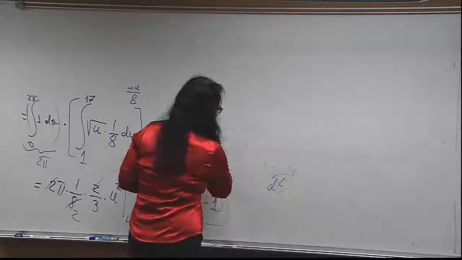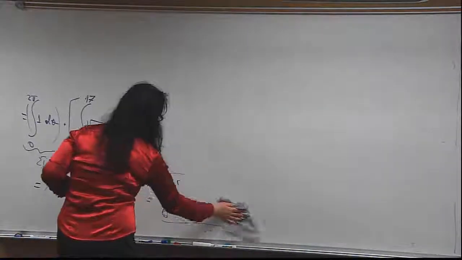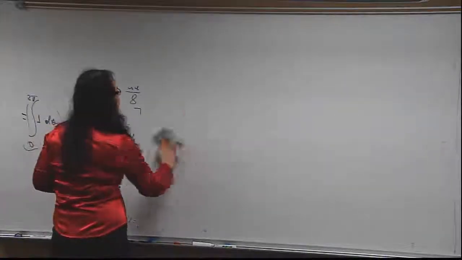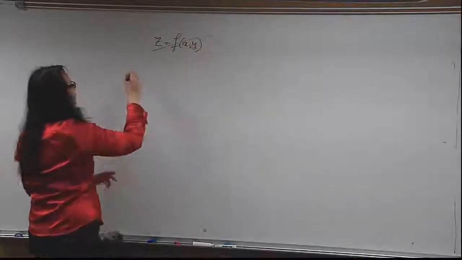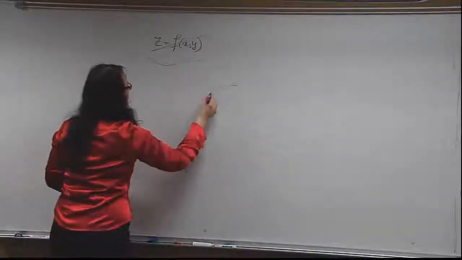But life is not always so easy. Sometimes all you can get is a parametrization R of u, v for a surface. And from that, you have to deal with that. So suppose somebody says, I don't give you f of x, y, although locally every surface looks like a graph, but a surface doesn't have to be a graph in general.